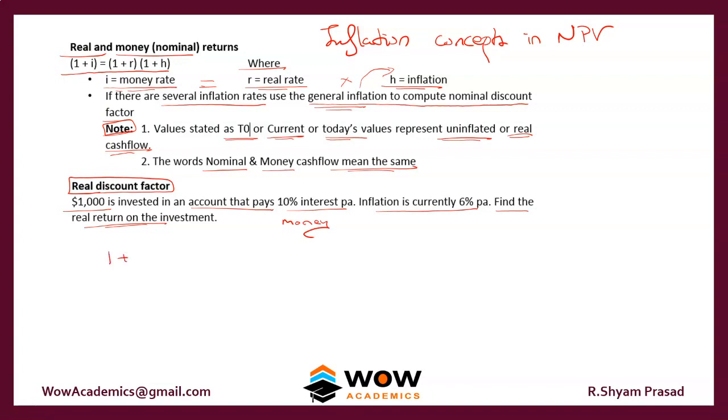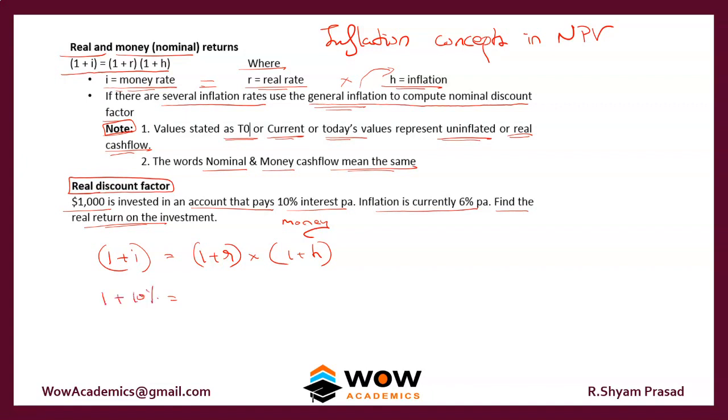So it is 1 plus I equals 1 plus R into 1 plus H, where the nominal return is 10%.